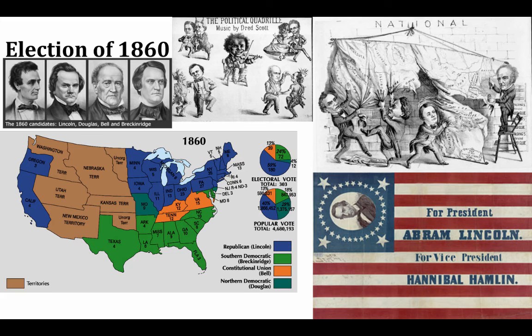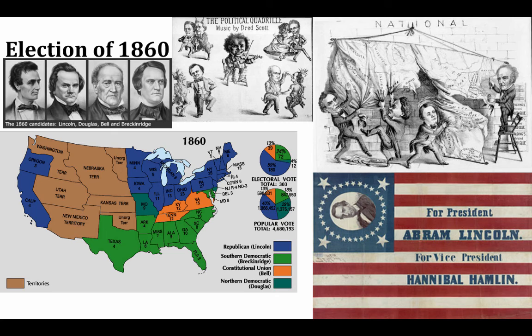And he's also going to run on free farms for free labor. So he's going to push the whole free soil, free labor ideology, which says that all the land that we have in America should be for free labor. Farmers running their own farms, not having slaves. And so that's going to be very much something that the Southerners don't agree upon.